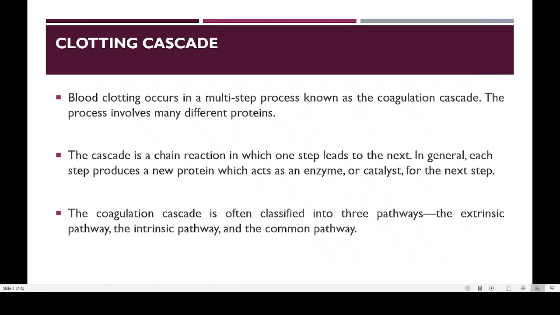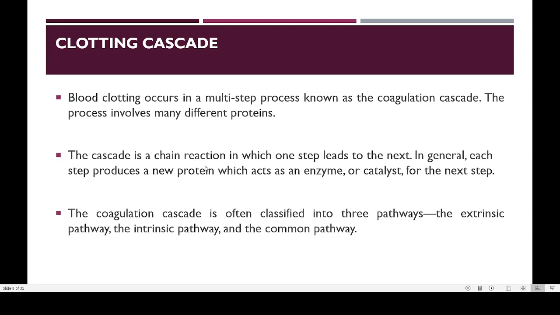Now we will see the diagram of how this actually takes place. As I told you earlier, this takes place in a cascade manner, otherwise known as the coagulation cascade or clotting cascade. Blood clotting occurs in a multi-step process involving many different proteins.